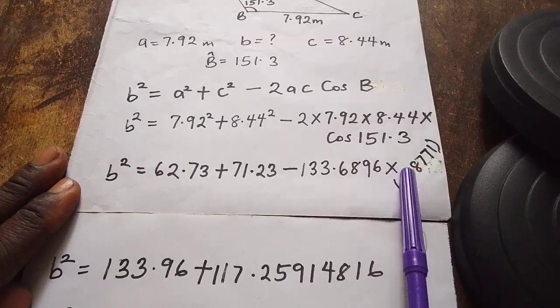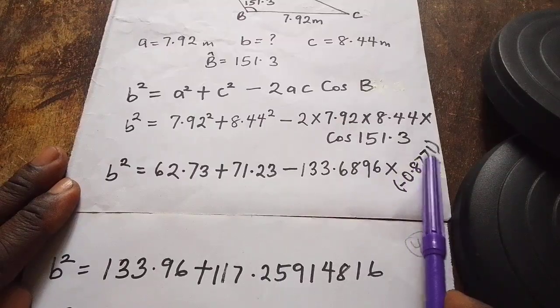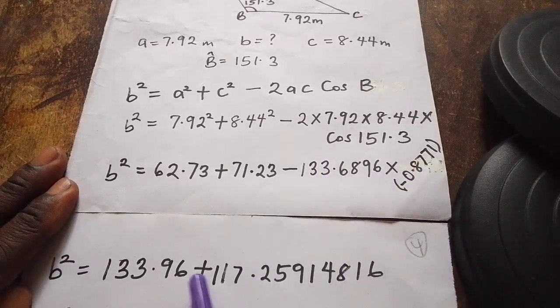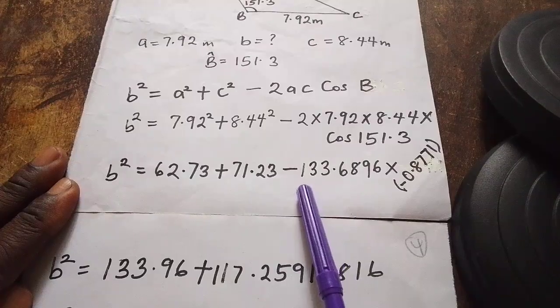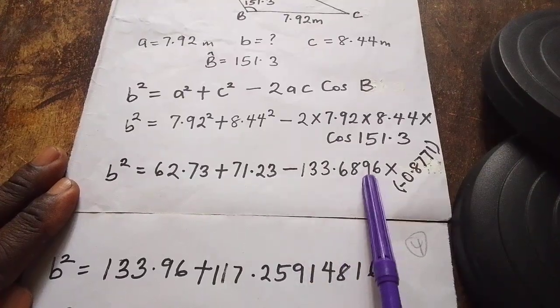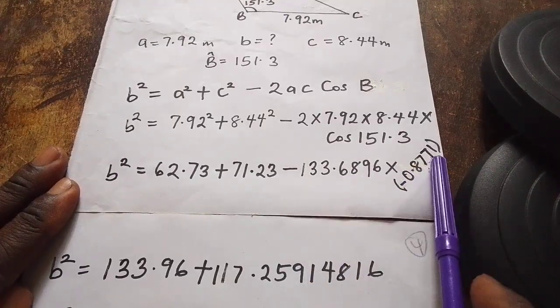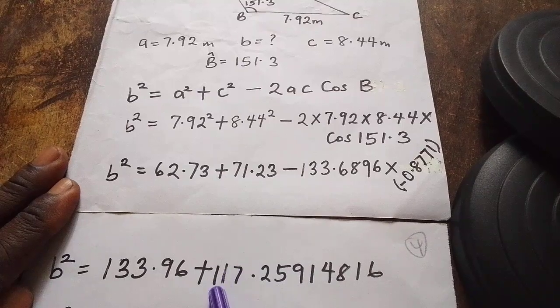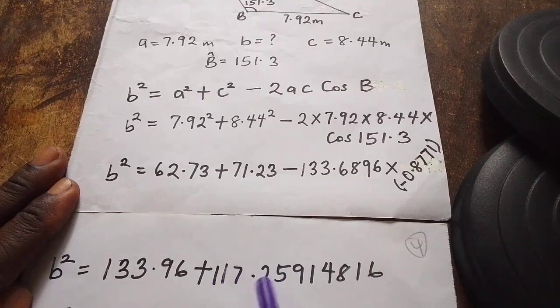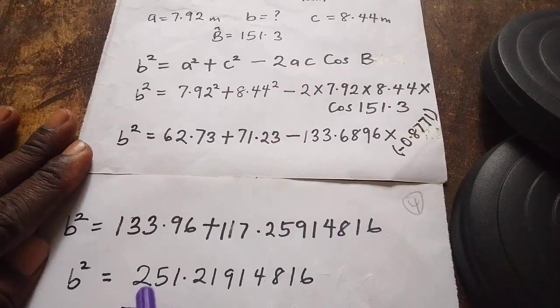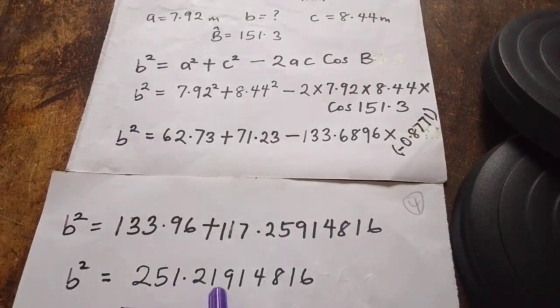Now this is minus 133.6896 times minus 0.8771. Minus times minus will give us plus. So if we multiply 133.6896 by 0.8771, it will give us 117.25914816. When you add 133.96 to what you have here, it will give us 251.21914816.